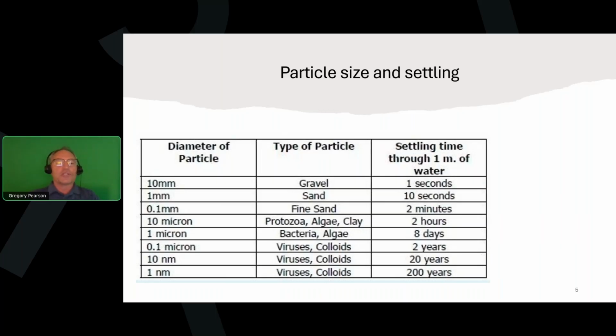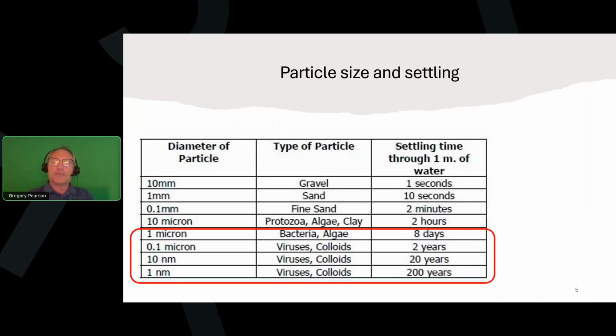And even particles that are 10 microns in size, the protozoa and algae and clay particles, could still settle in a relatively reasonable amount of time. But when you get down to the smaller particles here, you see that the settling time becomes unreasonable or impractical. So we have to do something to cause those particles to clump together so that they can be settled out.